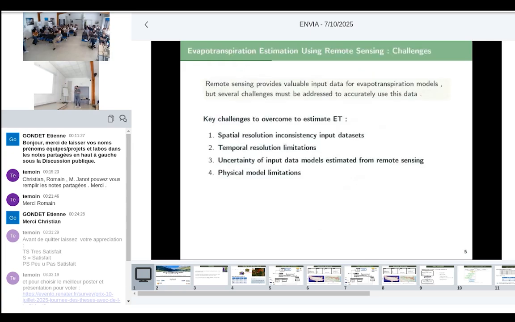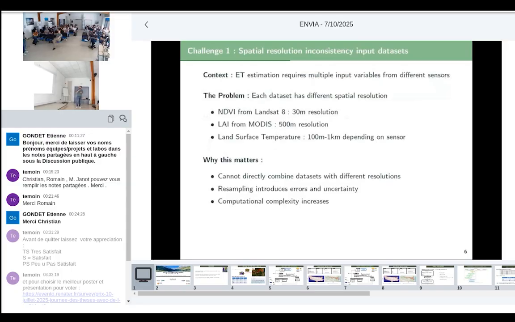But with remote sensing, we have several challenges: spatial resolution and consistency in the input dataset, temporal resolution limitations, uncertainty of input data models, and also problems with physical models. For the first challenge, spatial resolution and consistency: evapotranspiration estimation requires multiple input data from different sensors, but each dataset has a different resolution.